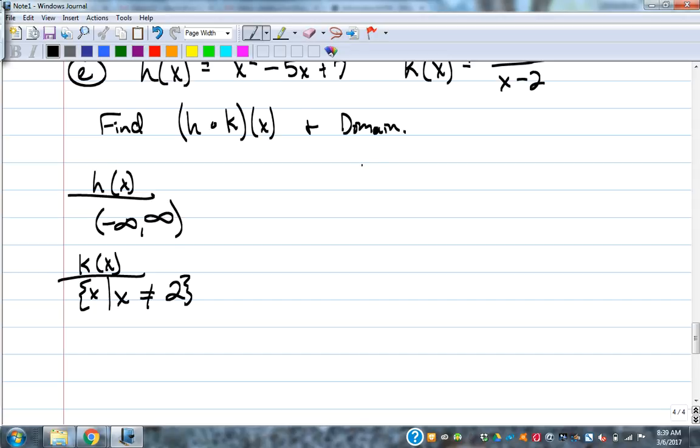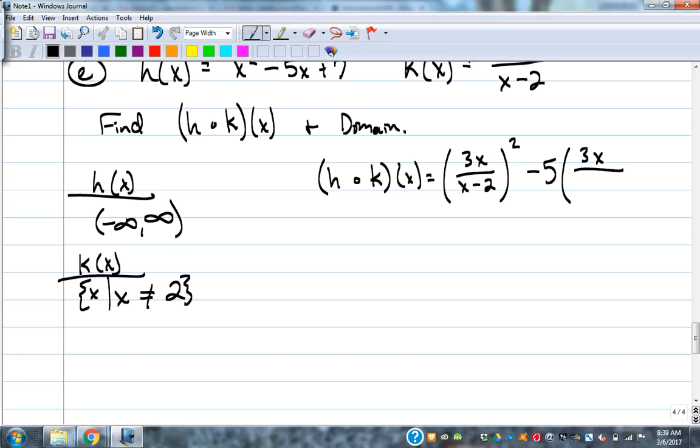Let's do the composite function, h composed with k of x. So what are we doing for h composed with k? Everywhere there's an x, we're putting what? 3x over x minus 2.